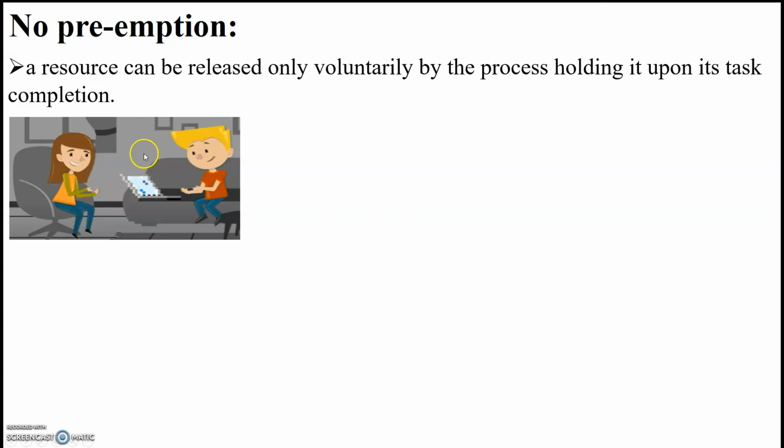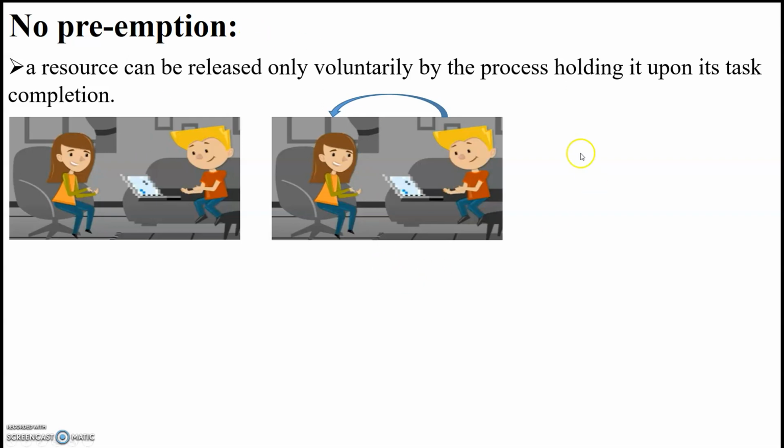Similarly, if a process wants to release that particular resource, then only that resource will be released and given to some other process. So here now this friend says that I have completed my usage of this resource. Now you can take this resource, and the computer will be allocated to this friend.